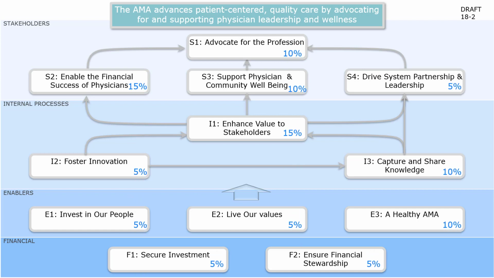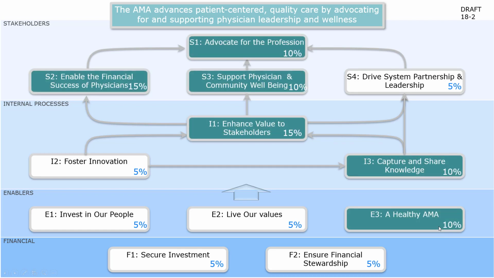So the weightings I made up are as follows. And a simple trick here is anything over 10% becomes a critical theme for the year. So my proposal would be that, in this hypothetical world, our focus for this year is to build a healthy AMA so that we can continue to capture and share knowledge in aid of enhancing values to stakeholders, and in particular, physicians and physician community well-being, and continue being an advocate.